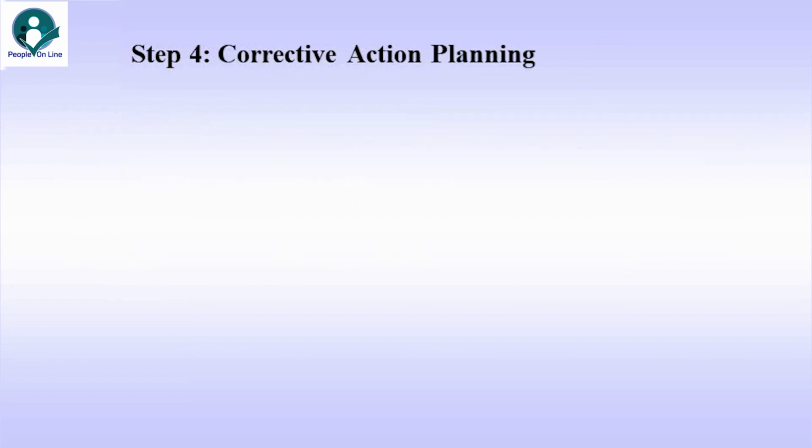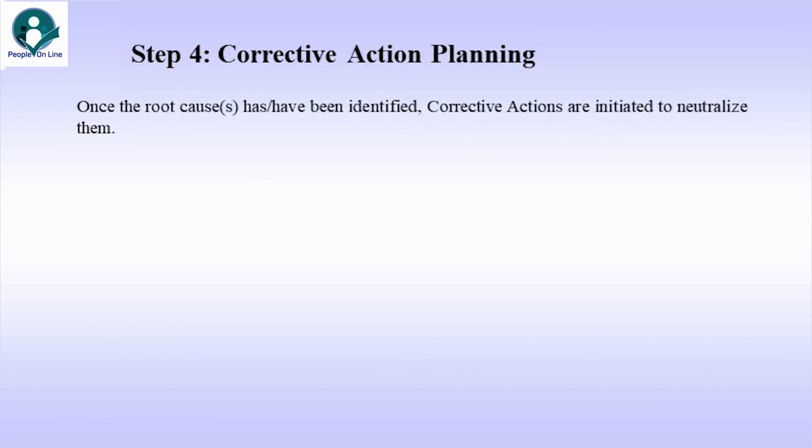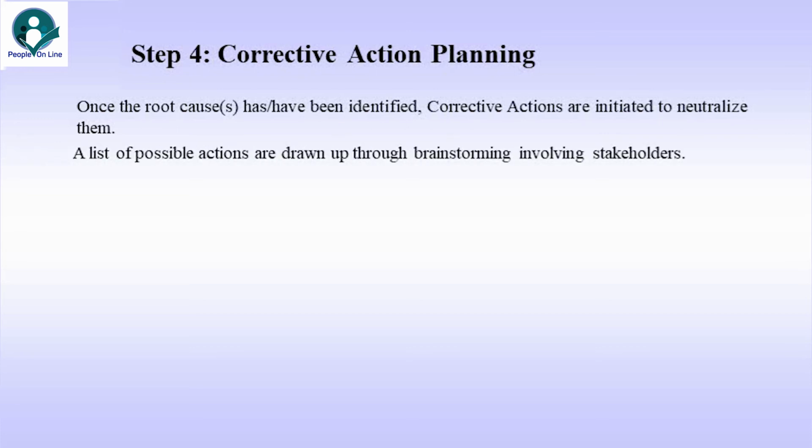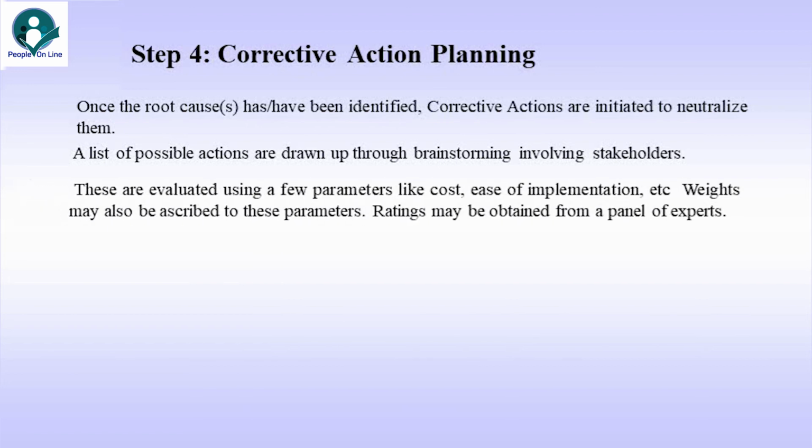Step 4, corrective action planning. Once the root causes have been identified, corrective actions are initiated to neutralize them. A list of possible actions are drawn up through brainstorming involving all stakeholders. These are evaluated subsequently using a few parameters like cost, ease of implementation, etc. Weights may also be ascribed to these parameters.